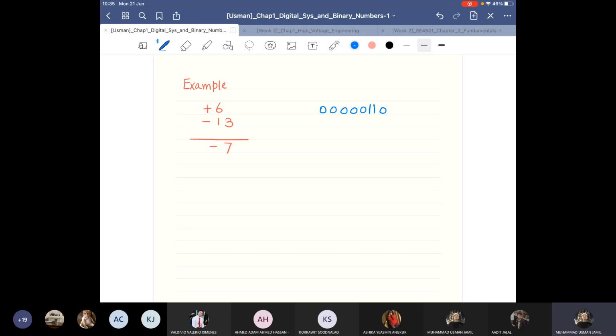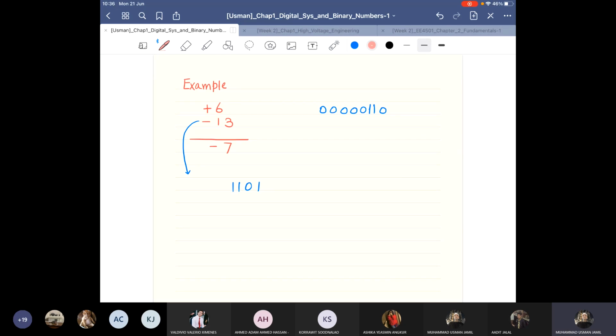And now for the number 13, first we want to know the binary for 13. In binary, 13 is 1101.